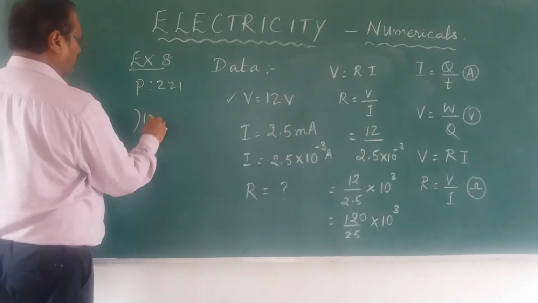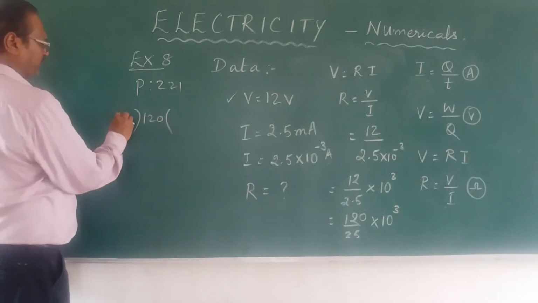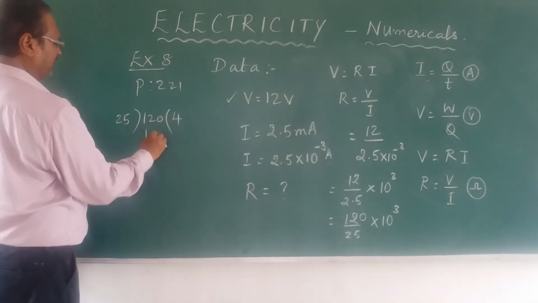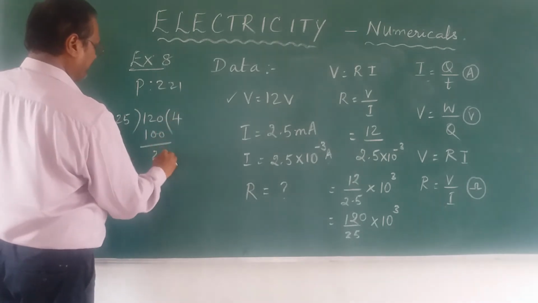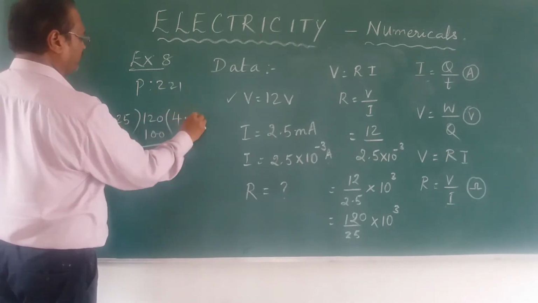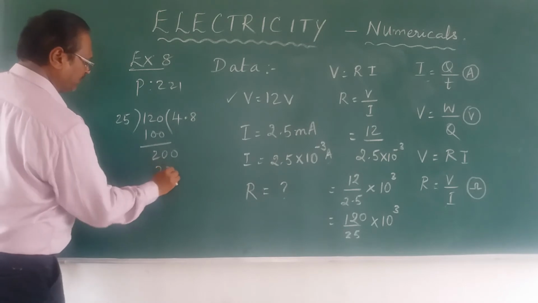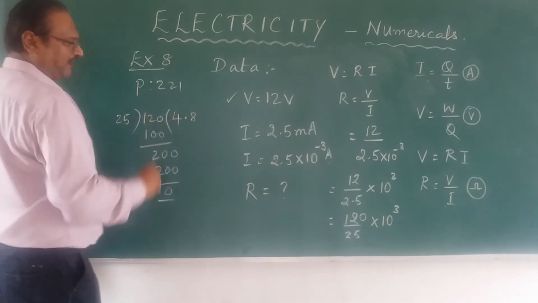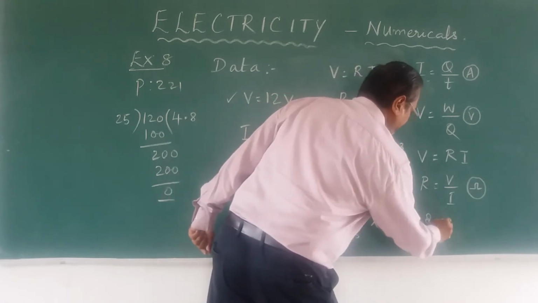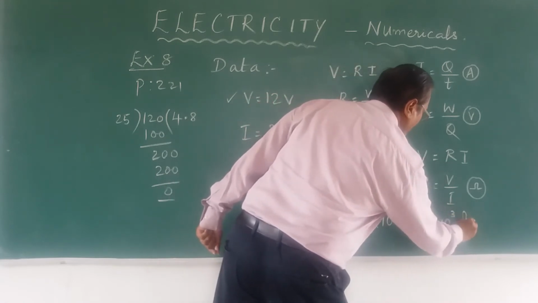We have to just solve this by 25. I think 4 times it will go, 100. Remainder 20. Point, it will not go, 0. That is 4 plus 4, 8 times it will go. 200. So remainder is 0. What is our answer? 4.8 into 10 power 3 ohms.